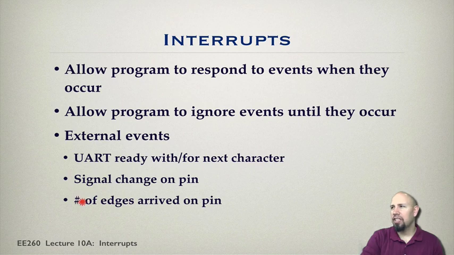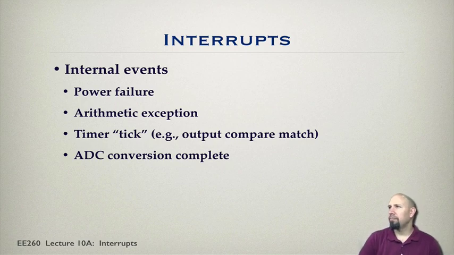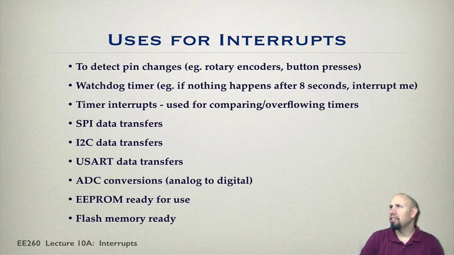It can examine a signal change on some pin, or perhaps a number of edges that have arrived on some pin. Those are external events. It can also handle internal events, such as power failure, arithmetic exception like a divide by 0, a timer tick, or an analog to digital conversion complete.